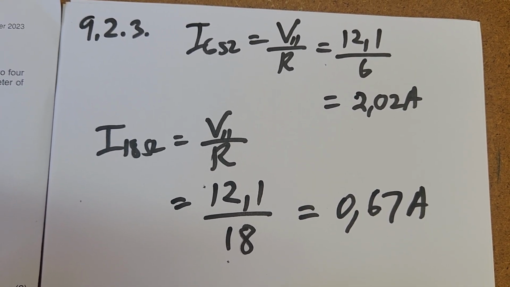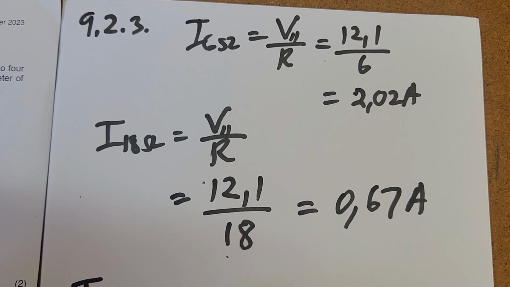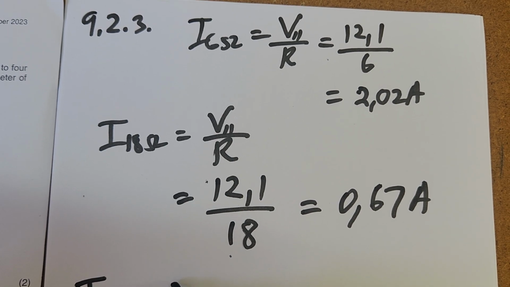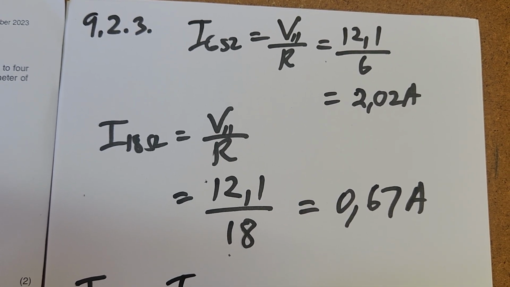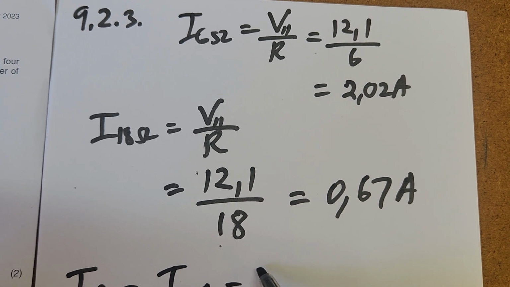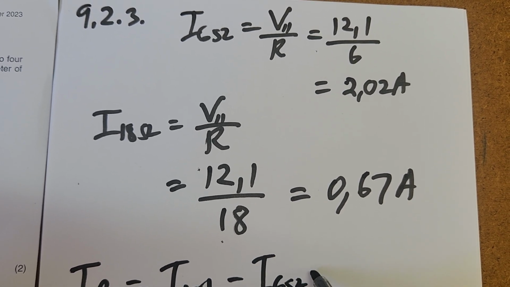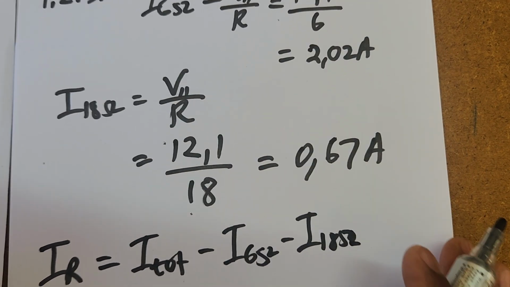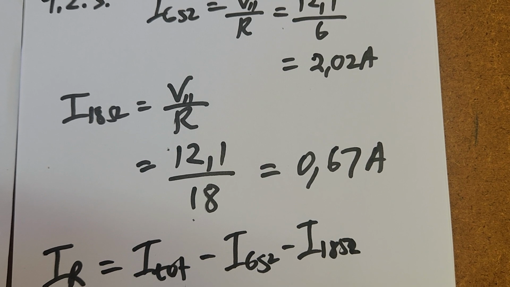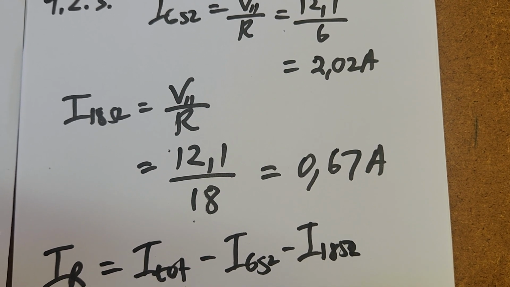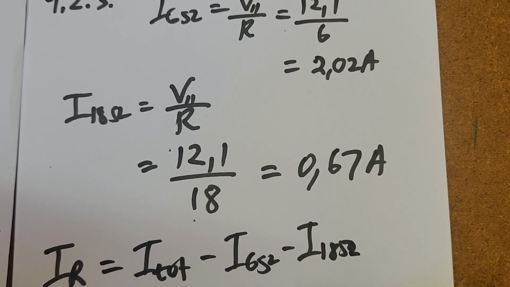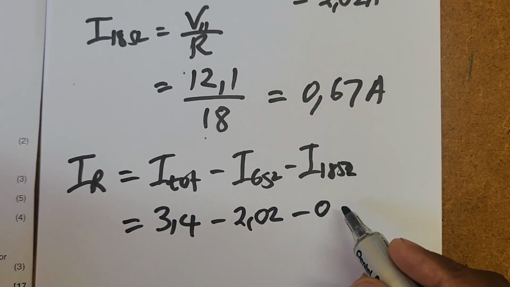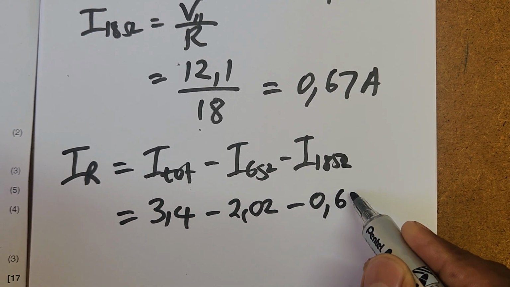Now once we know the current there, we can know that the current through R will be the total current, I total, minus the current through 6 ohm minus the current through 18 ohm. Therefore this will be, the total is 3.4 and the 6 ohm is 2.02 and the 18 ohm is 0.67.